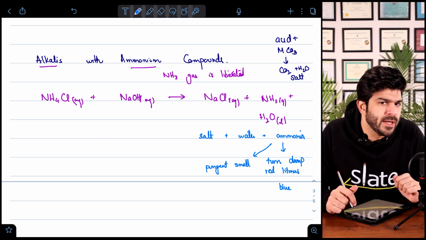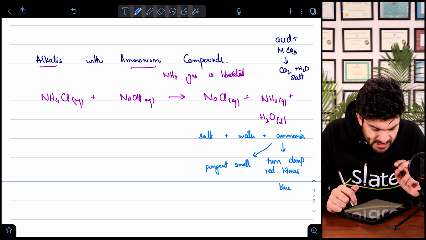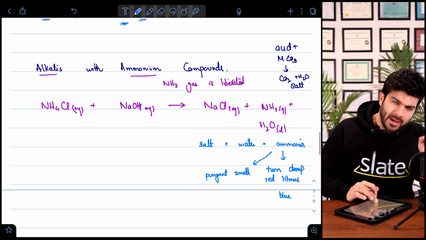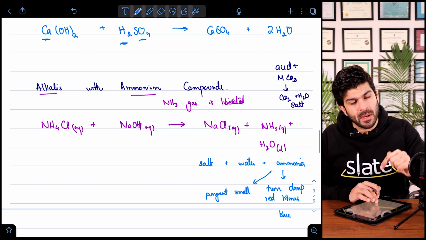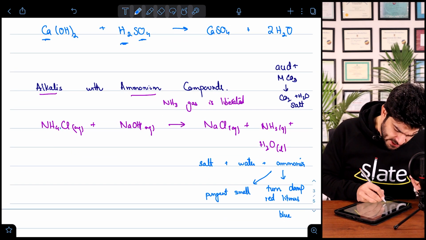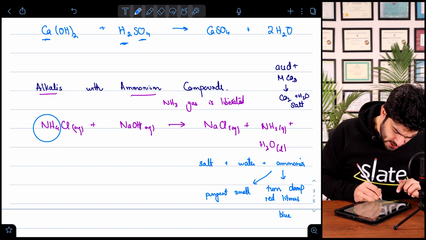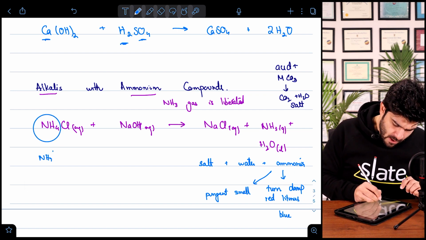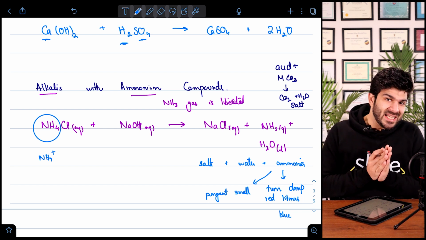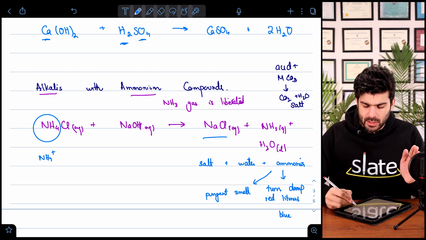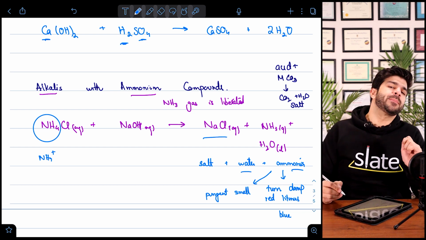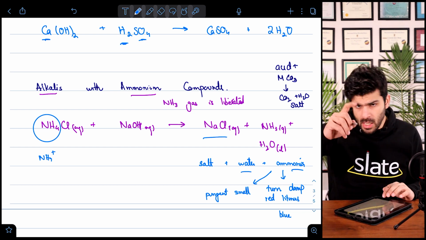So these are the two important reactions. Remember, acids and bases that we've done, neutralization, but alkalis with ammonium compounds, any compound which contains an ammonium ion. So this is an ammonium ion, NH4. So any compound that contains an ammonium ion with alkali will give us salt, water, but ammonia is the main one, ammonia.